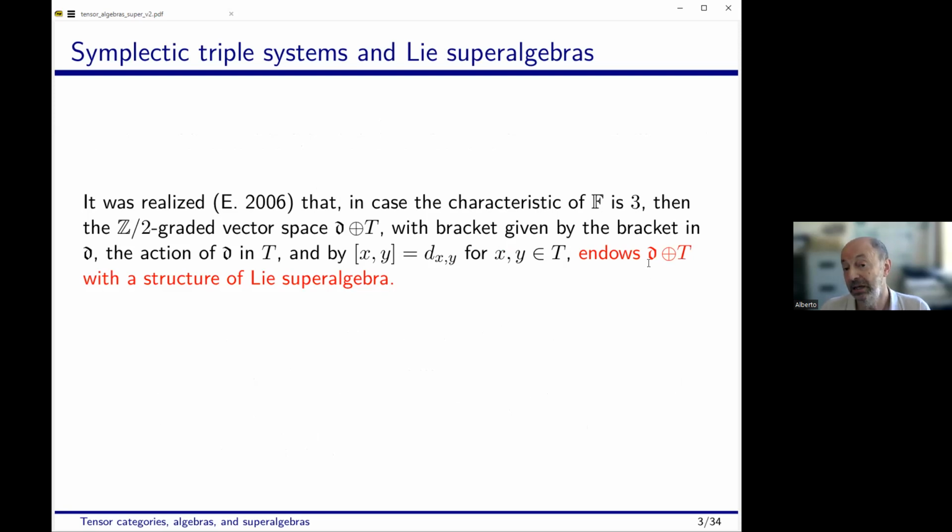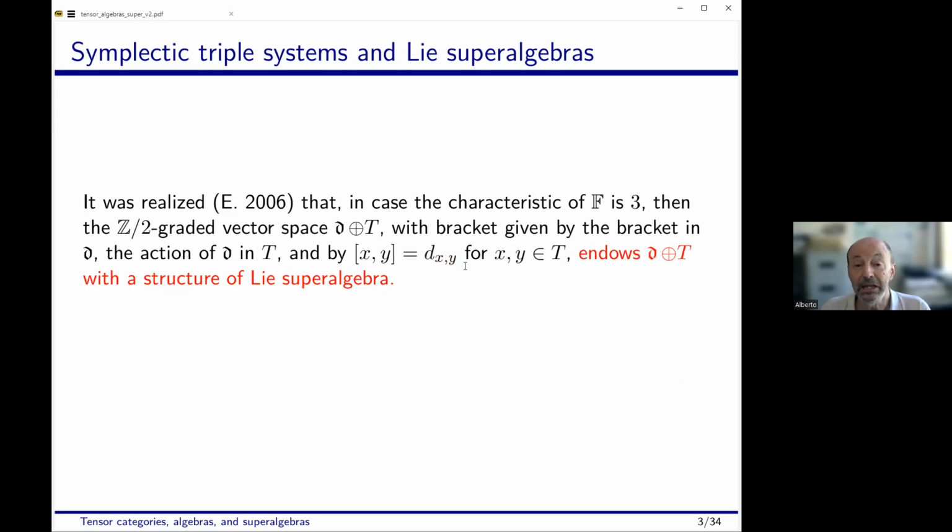The centralizer is a subalgebra, it is the even part. And now we have a symmetric multiplication so that we take two elements in T and we get an element in D, which is given by this symmetric map that appeared before.